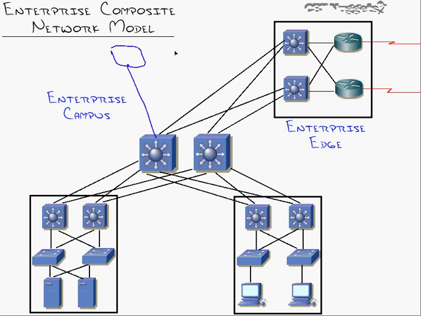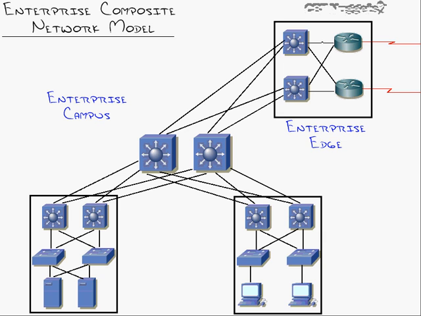Over to the right, you see the enterprise edge. Most people call that the DMZ. That's where we move from the campus network into a network that connects us to the outside world. That outside world could be private T1 lines connecting to branch offices. It could be the internet connection or redundant internet connections, like we have in this diagram, going to two different ISPs.